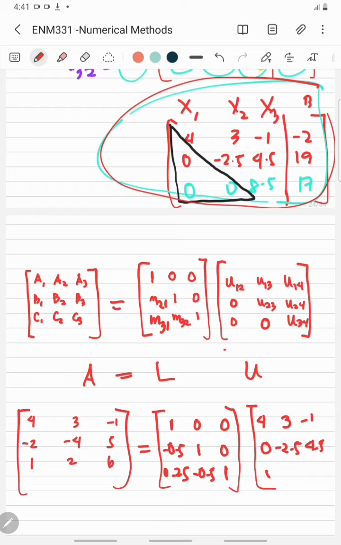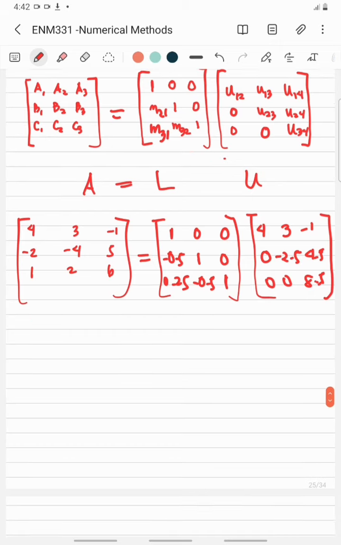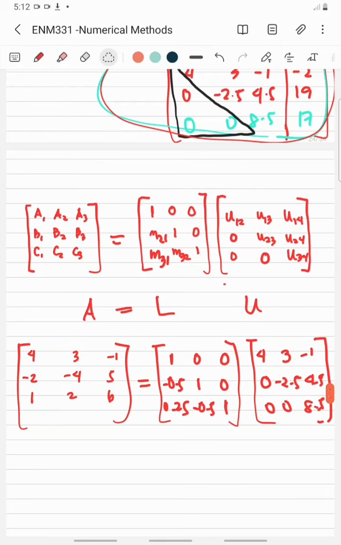Then we have also 0, 0, then U34 is equal to 8.5. So this is now our matrix for A equal to L times U.